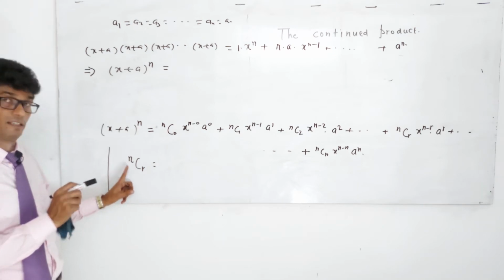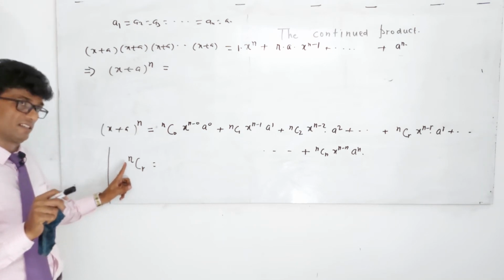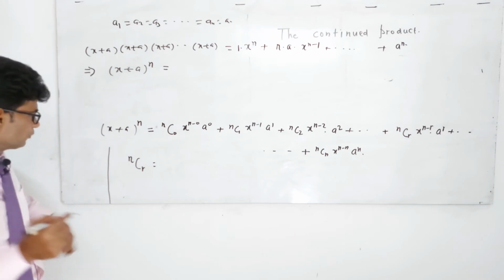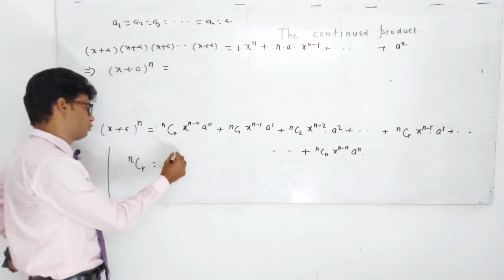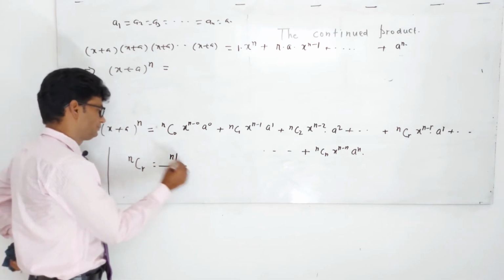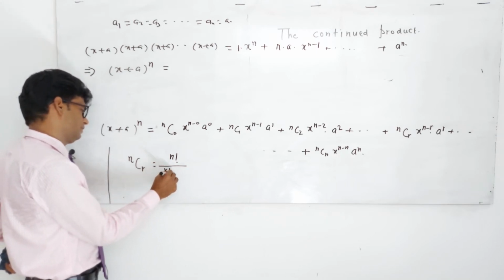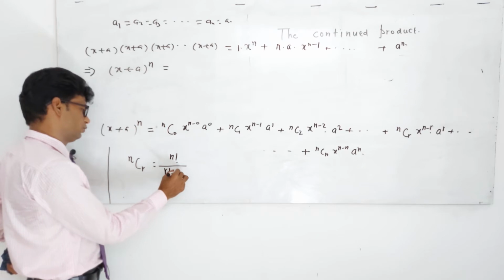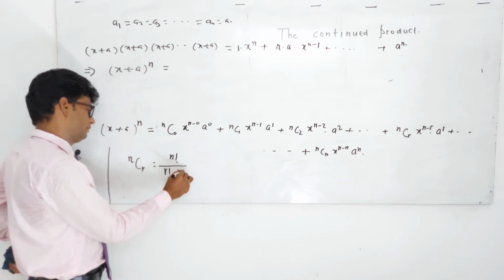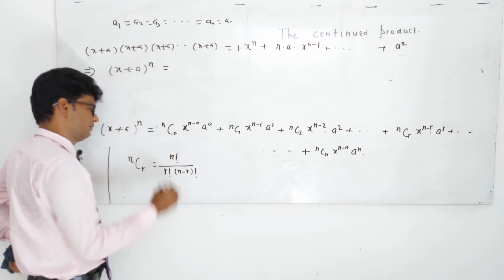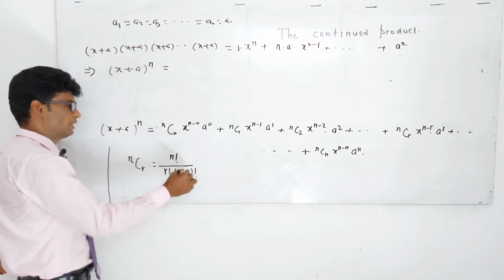That is called nCr. Different, mind you, different things. And it comes out to be factorial n over factorial r into factorial n minus r. Factorial notation.